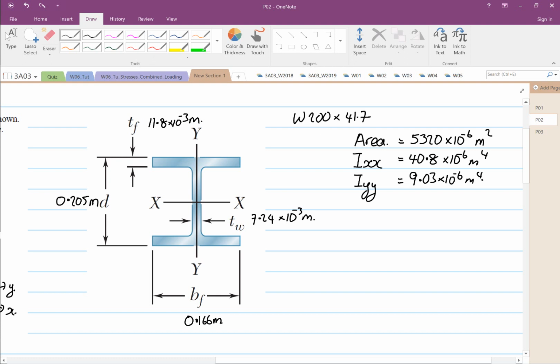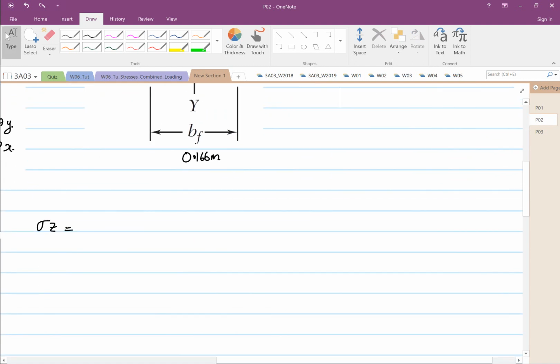You have the area, IXX, IYY, the thickness of the flange, the thickness of the web, the width of the flange, and the depth, which is equal to 205 millimeters. So we calculate stress Z. We know that it's minus PZ over A, minus because it's in compression.